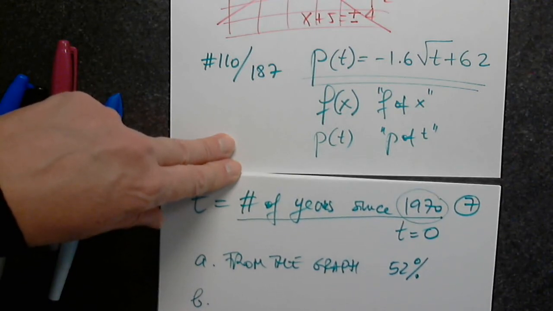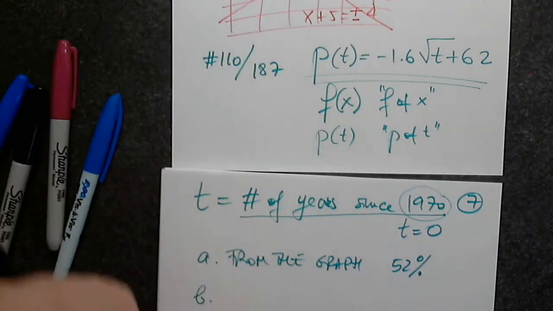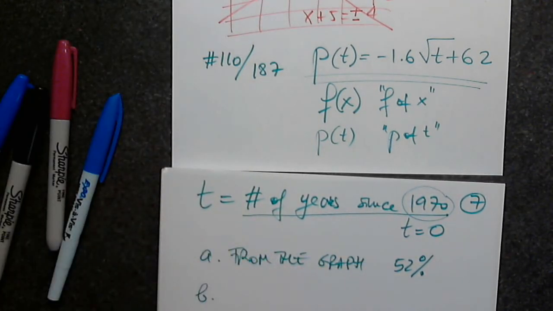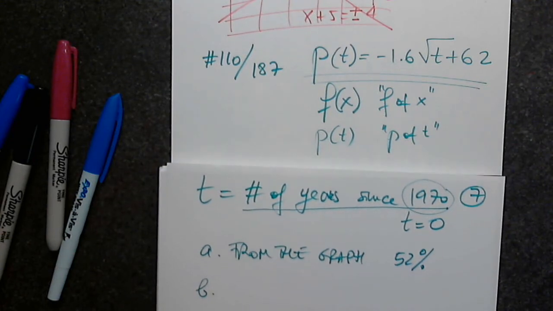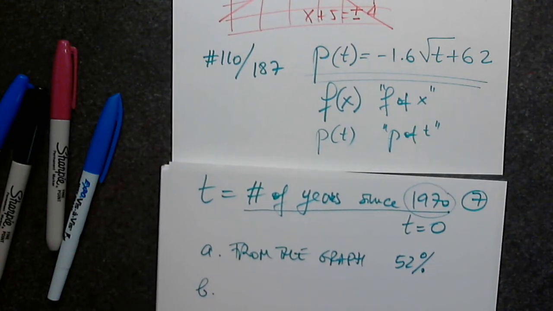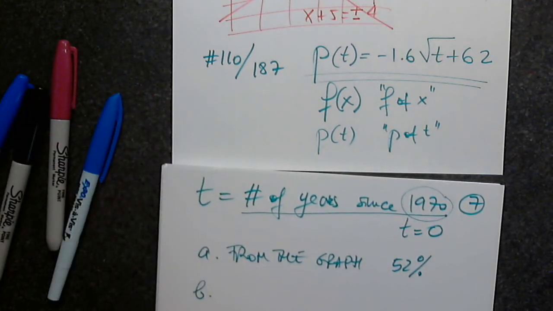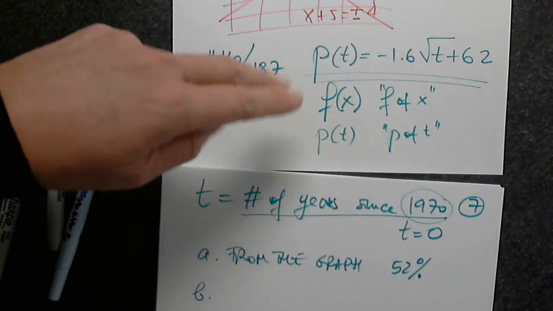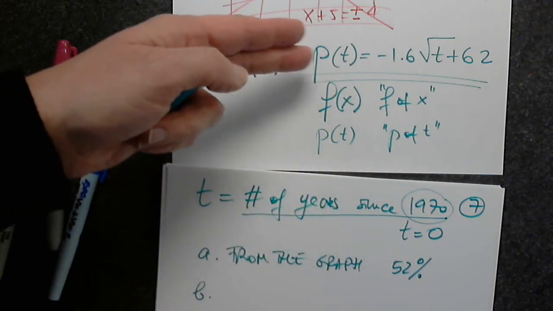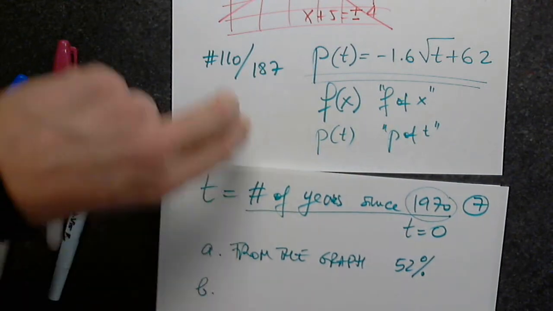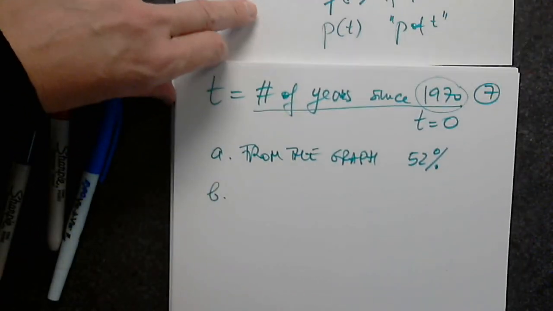We know the exact data says 52% because we have them. They researched it, they calculated, they studied it, and I came up with 52 that we read from the graph. But they want us now to find the percentage in 2010 using the model. So, any suggestions? How do I do that?